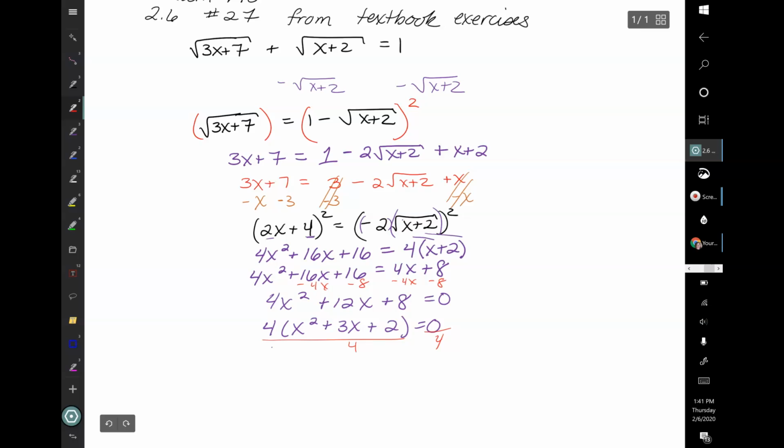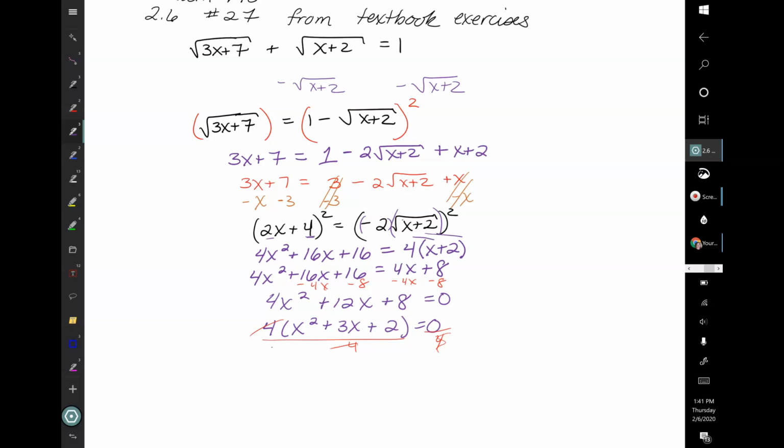I am just left with the x squared plus 3x plus 2 set equal to 0, because 0 divided by anything is just 0. So I'm not going to rewrite that, but I just want you to know where that 4 will end up. We don't need it. It's not a 4x or anything like that.